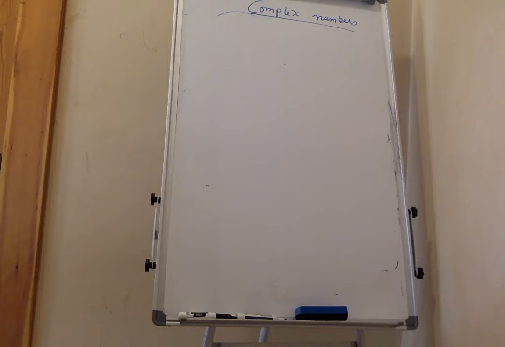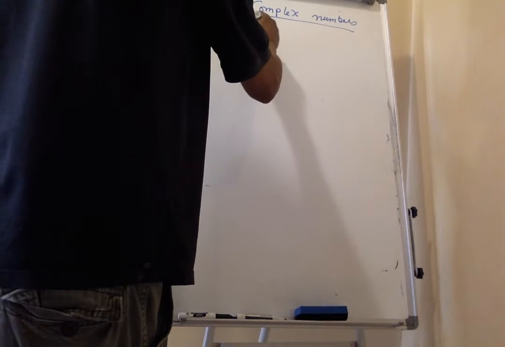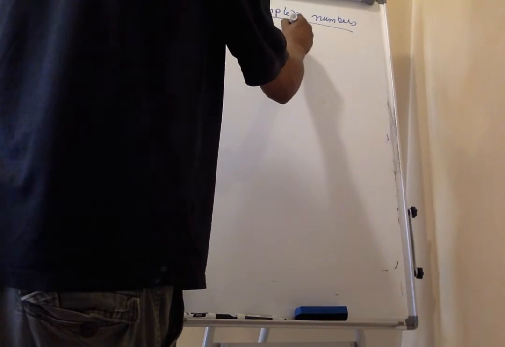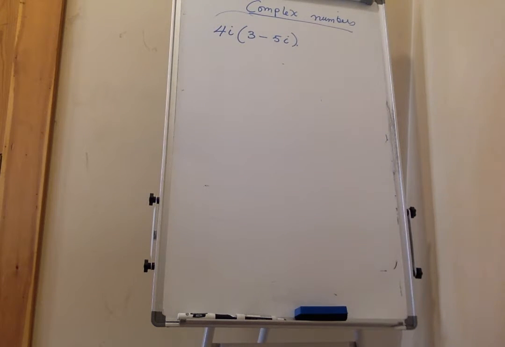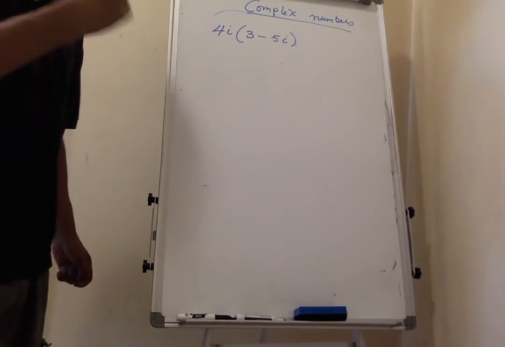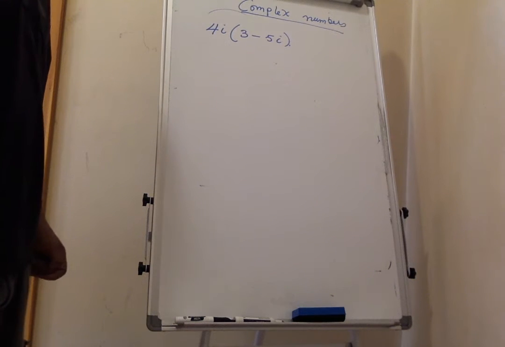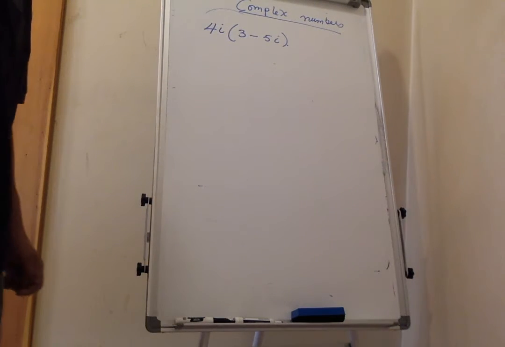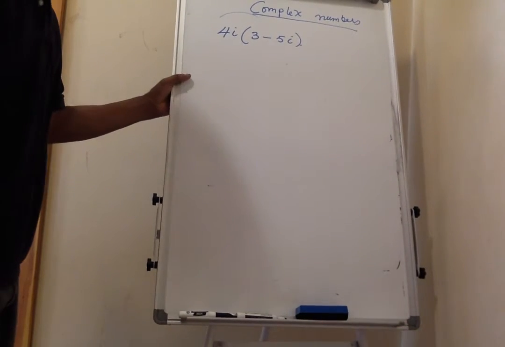You have 4i times 3 minus 5i. Now this one asks me to distribute 4i to everything inside. Now in multiplication, it doesn't matter whether it's a real number or a complex number, you have to do multiplications, meaning you have to distribute everything inside.